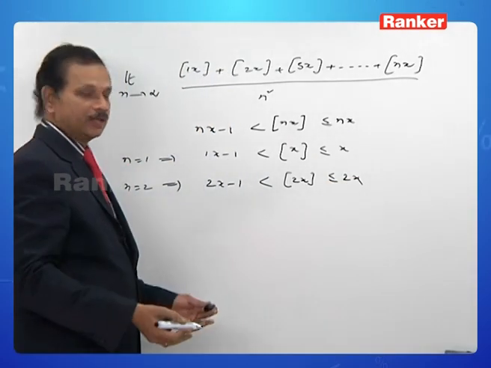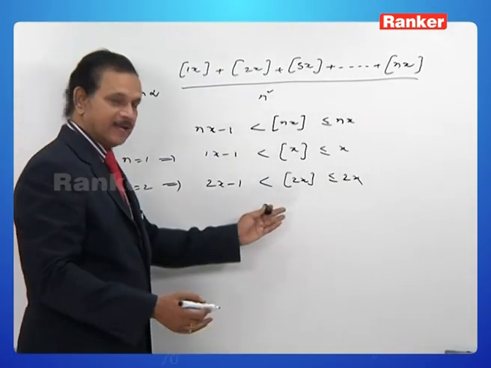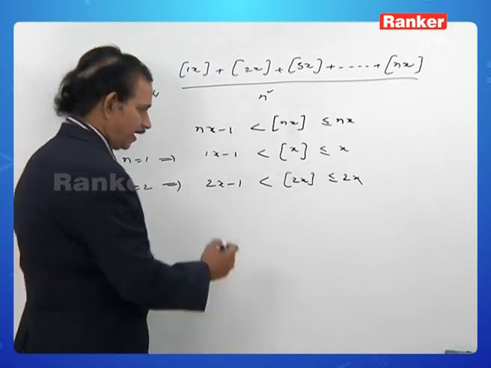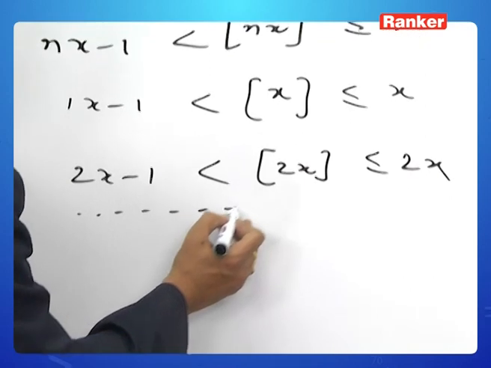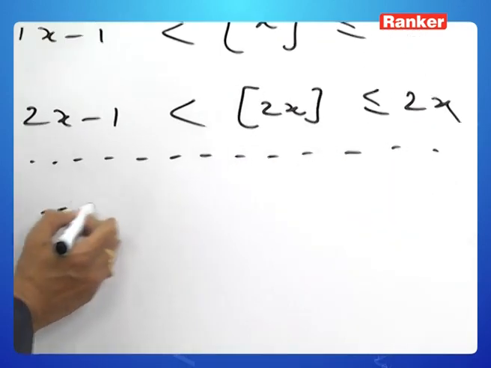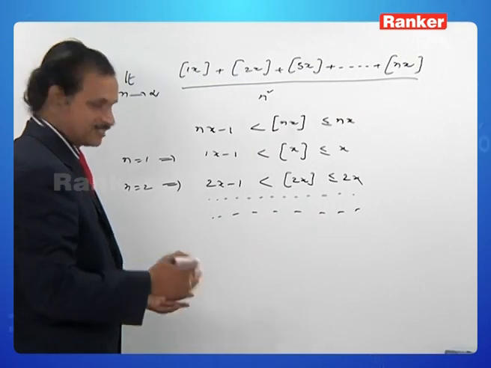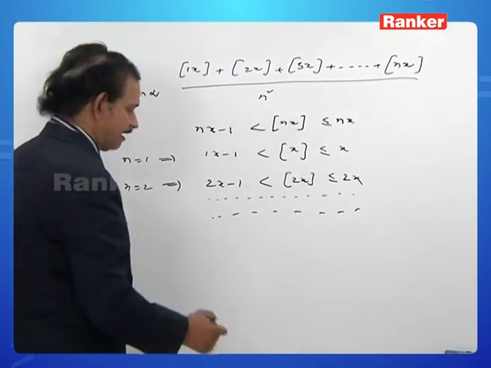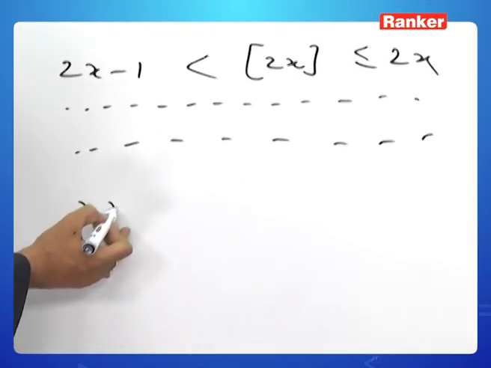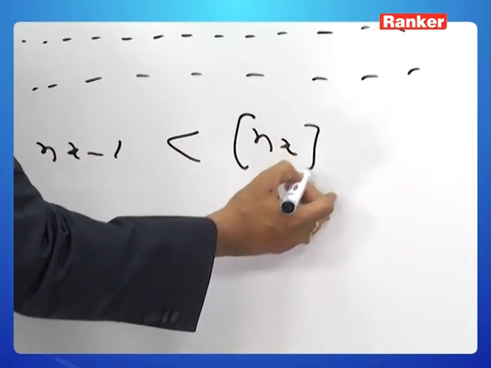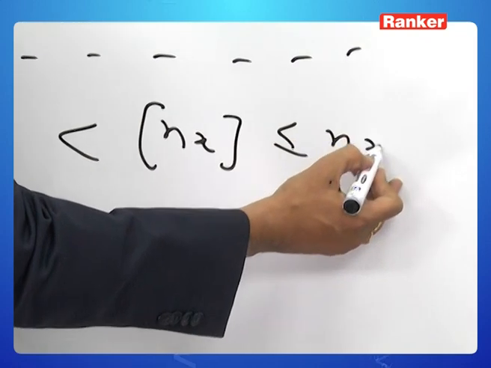Again, n equal to 3: 3x minus 1 less than integral part of 3x less than or equal to 3x. Like that, n equal to 3, 4, 5 and so on. Now recall the step with n in place of n itself: nx minus 1 less than integral part of nx less than or equal to nx.